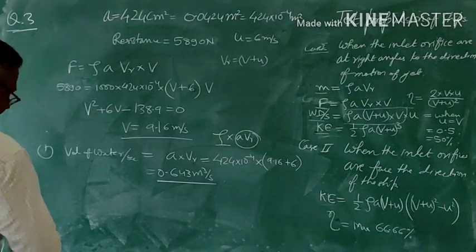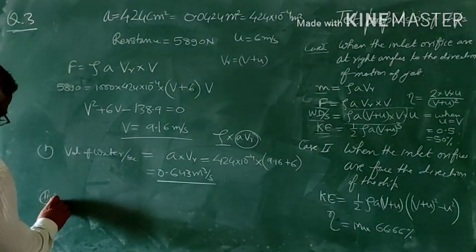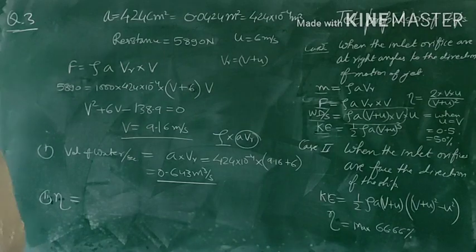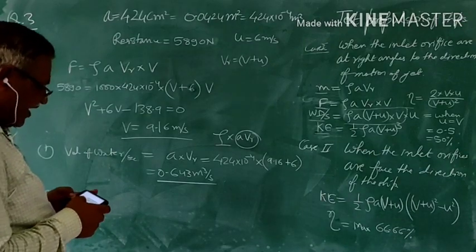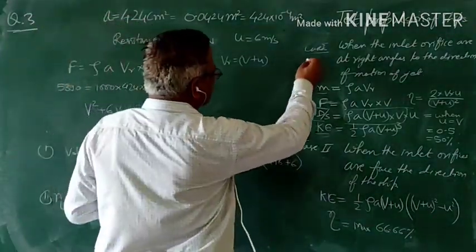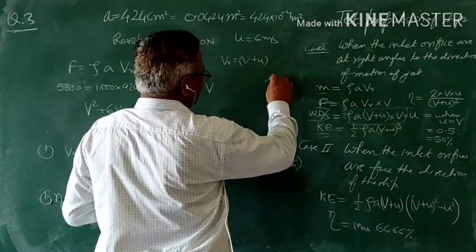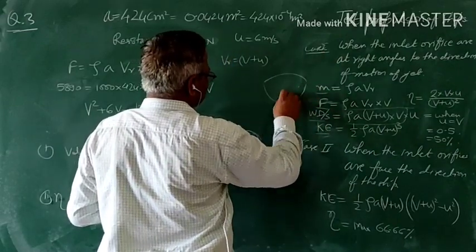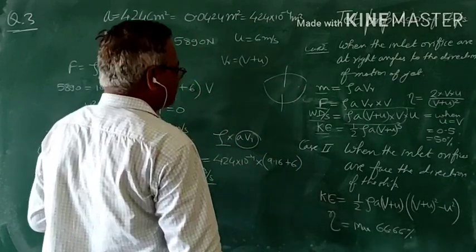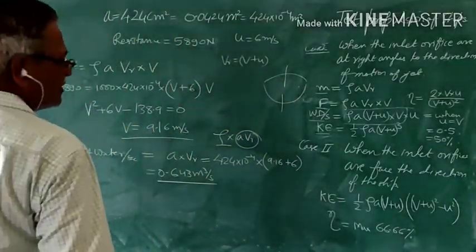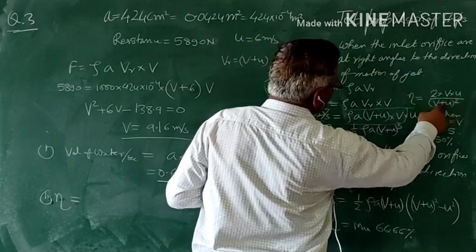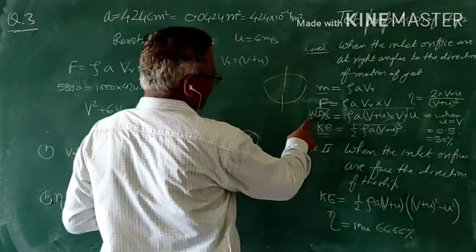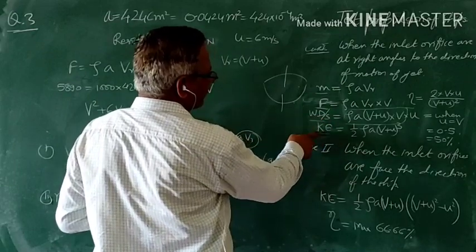Now to find out the efficiency of the jet, in this case it is given that the water enters amidship, that is case 1. Water is entering from the sides of the ship, amid of the ship. So in this case the efficiency is given as 2 into V into U upon V plus U, or we can have work done per second divided by the kinetic energy.